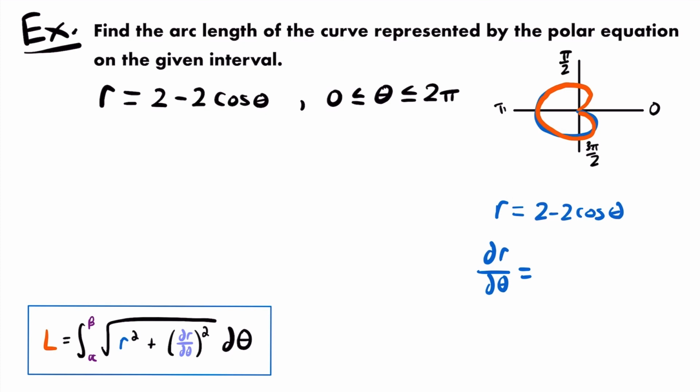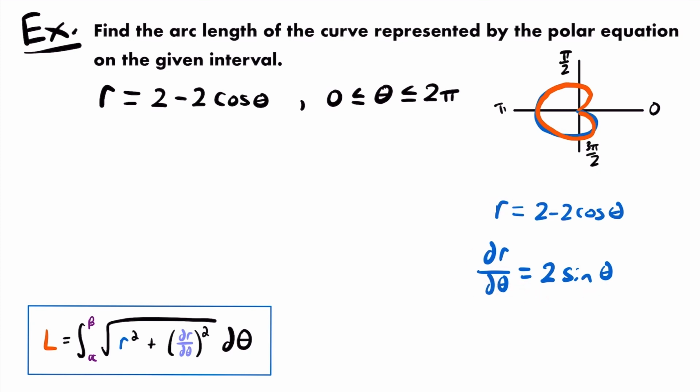Now the derivative of 2 is going to be 0. 2 is just a constant, and the derivative of all constants is 0. And then the derivative of negative 2 times cosine theta will be positive 2 times sine theta, right? The derivative of cosine is negative sine. So negative sine times a negative 2 will give us positive 2 times sine theta. All right, so dr d theta is equal to 2 times sine theta.